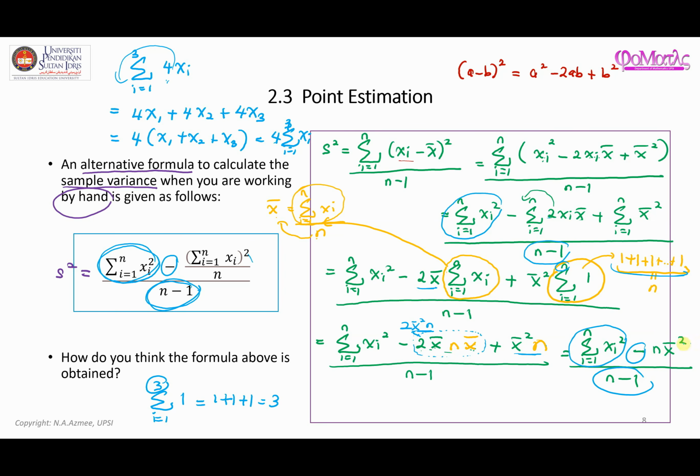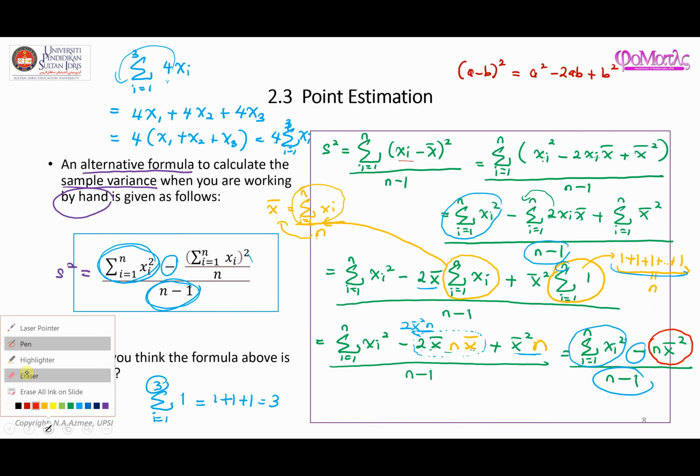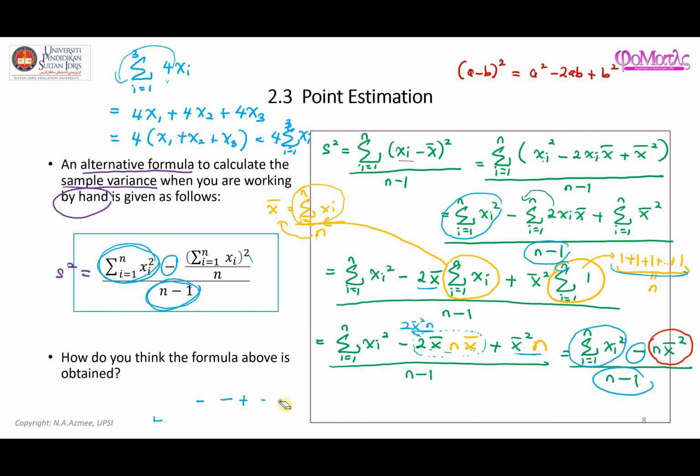I'm just going to show this part here because I'm running out of space. I'm going to do it somewhere here, I guess. I'm just going to erase some of this. Now I'm just going to focus on this.